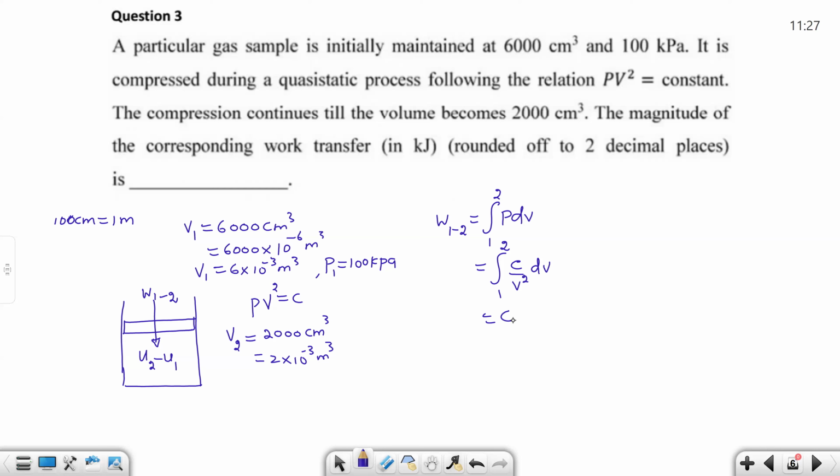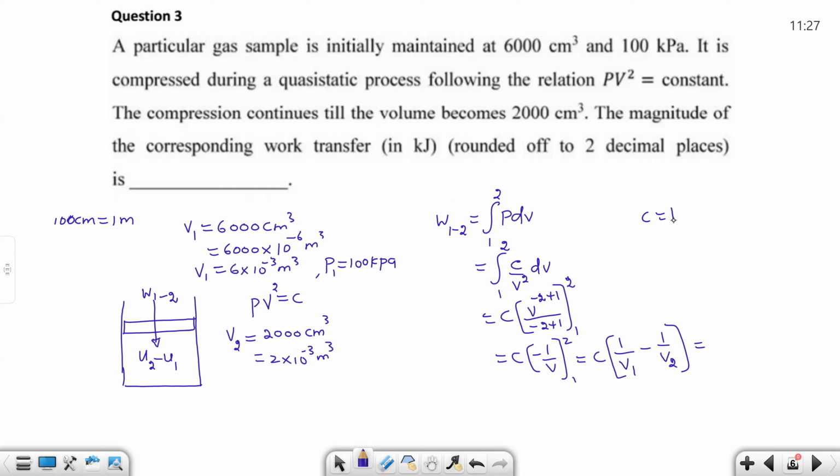C times V power minus 2 plus 1 over minus 2 plus 1, which gives minus 1 by V. So C into 1 by V1 minus 1 by V2 after substituting the limits.